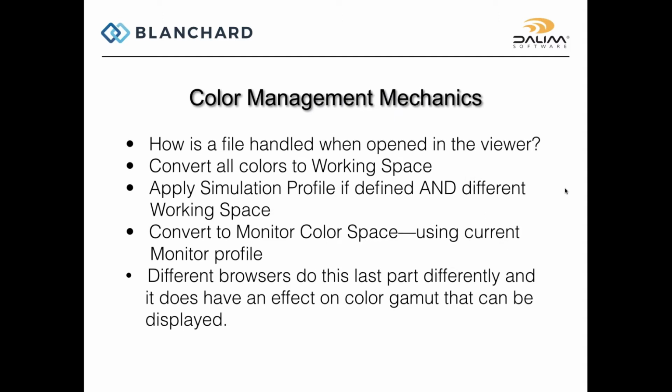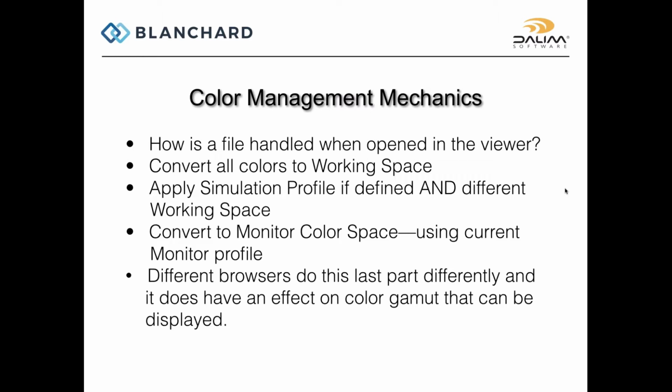One thing that I think is maybe not completely understood, and I'll try to go through this fairly quickly because it's better to show stuff than describe it with something like this. What are the mechanics of how ES handles files in the viewer? It's really three steps. One, ES identifies the color space that you've defined.